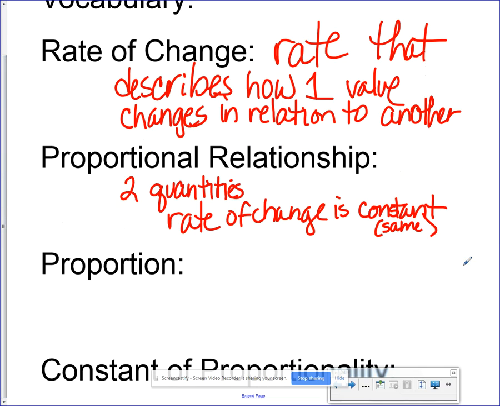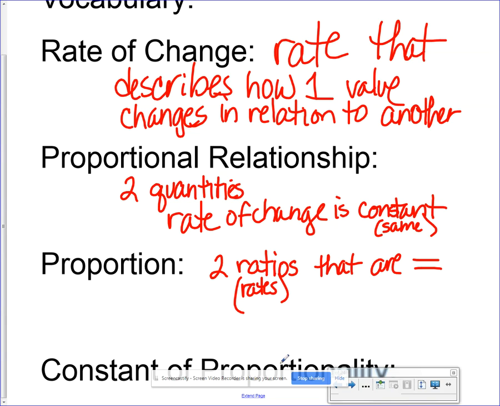All right, next is proportion. And when we talk about proportions, and I know you did this a lot in 6th grade, basically it's when we have two rates or ratios. Oftentimes we write them as fractions. I guess your book in this case likes to also use the term rates, but basically two ratios that are equal. And we're making a number sentence here.